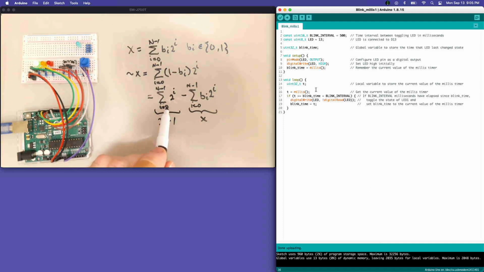You can pretty well convince yourself that this is equal to 2 to the n minus 1. Another way to see this is that this number has all of the bit values equal to 1, so this would be 1, 1, 1, 1, 1, 1, 1, n times. So there's n 1 bits, and that would be the largest number representable by n bits, and so that would be 2 to the n minus 1.